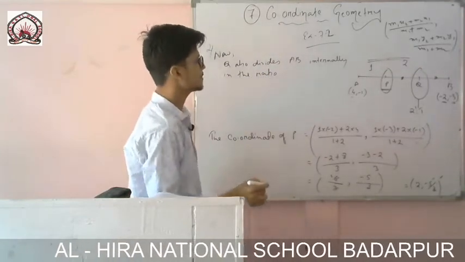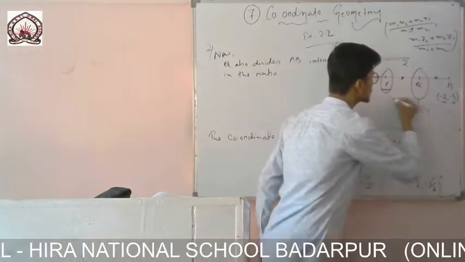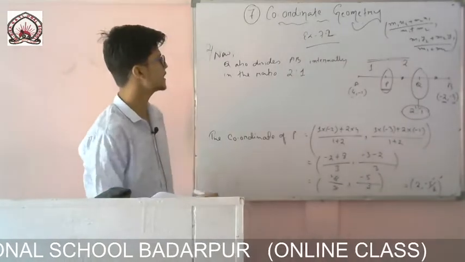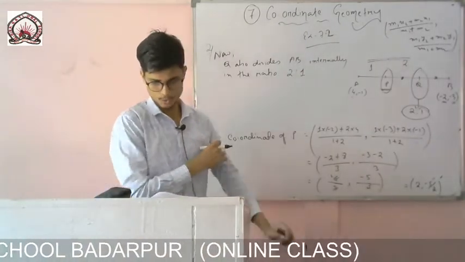For Q it is 2:1. Q also divides AB internally in the ratio 2:1.